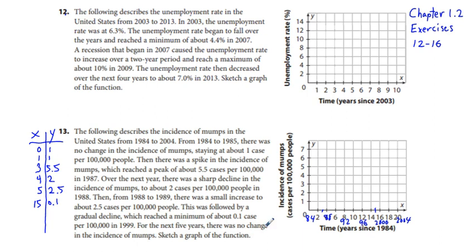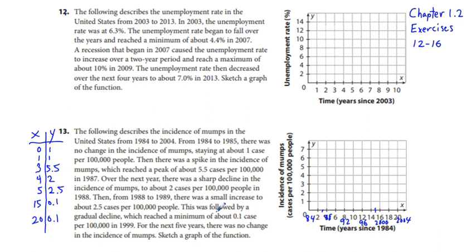And for the next 5 years, if we take 15 and add 5, we get to year 20, which translates to 2004. So we say no change, so that's going to also be 0.1. So given the data, that's as well as we can do.